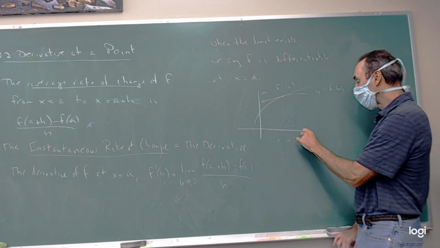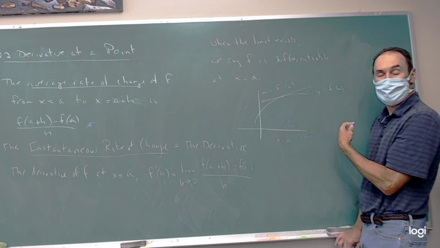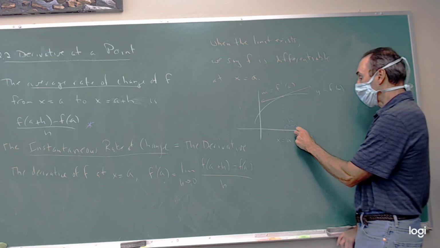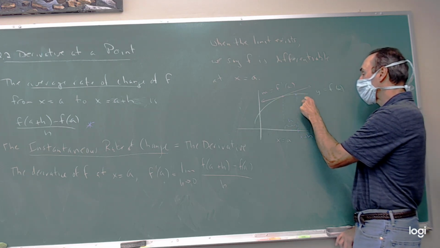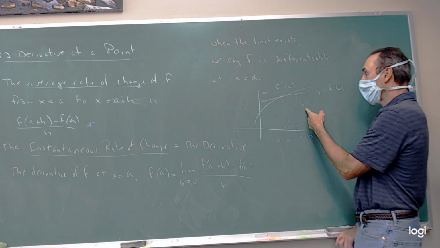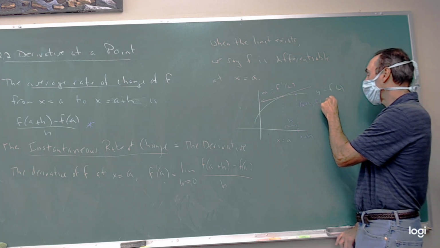So this point we're going to call a plus h. I've just shown it to be where h is positive, but it doesn't have to be. And you run up to the curve, and so this point right there has x coordinate a plus h and y coordinate f of a plus h.